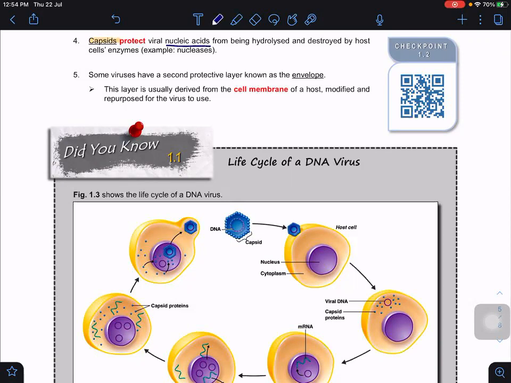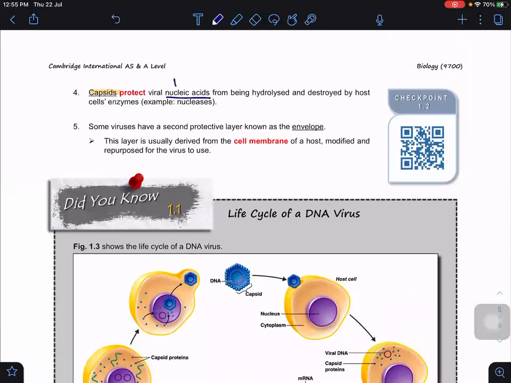Try to imagine that if you have an area and a stranger enters, you're going to chase them out or kill them, right? Because they entered your compound. Same here, if the virus infects the cell, our body tends to produce enzymes to destroy the nucleic acids. Therefore, this capsid is very important to protect the viral nucleic acid. So write down here, not the human's, not the host cell's, but the viral nucleic acid.